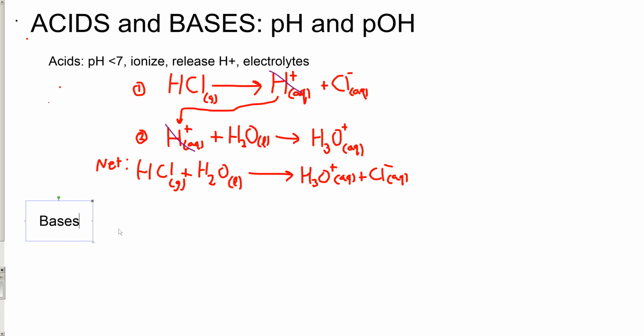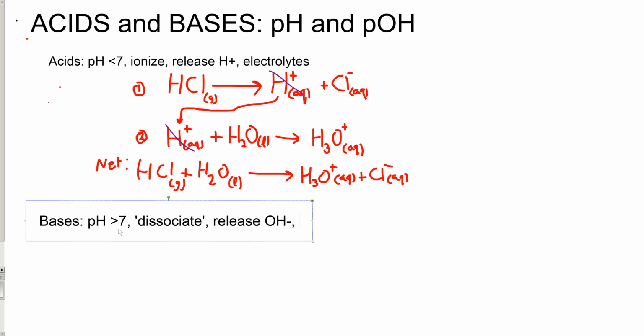We said that the base has a pH bigger than 7. I'm going to put this in quotes though. So far we've said that bases dissociate because our understanding of bases so far is that they are all ionic compounds that contain hydroxide. Now this is not strictly true.